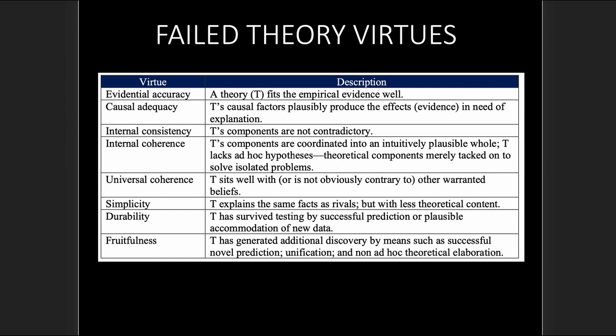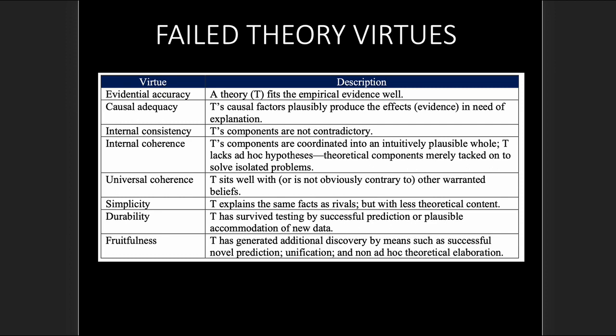What about internal consistency? Well, no, we do have contradictory components. The competition traits, for some reason, don't follow the other traits. Evolution is gradual, except when it is rapid. Rapid evolution erases phylogenetic signal, but phylogeny is the basis of evolution. So we have a lot of internal contradictions here.